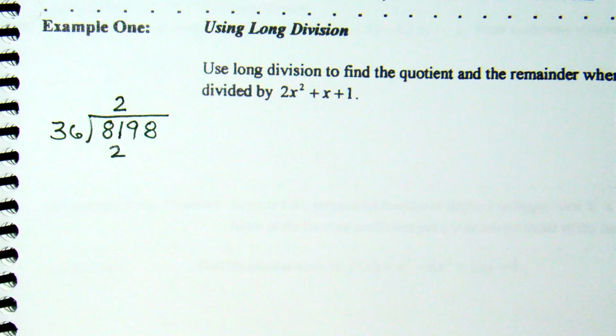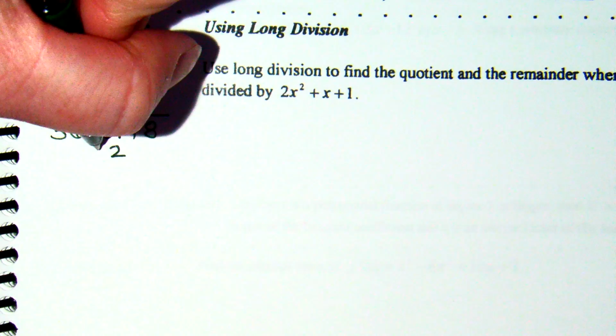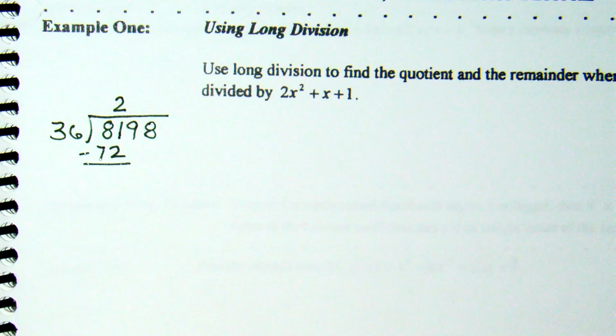Carry the 1. 2 times 3 is 6, plus the carried 1 makes it 72. Or, I know, some of you just go, 2 times 36 is 72. Then we subtract, is what I was told in class here. 81 minus 72 is 9. Borrow if you need to.